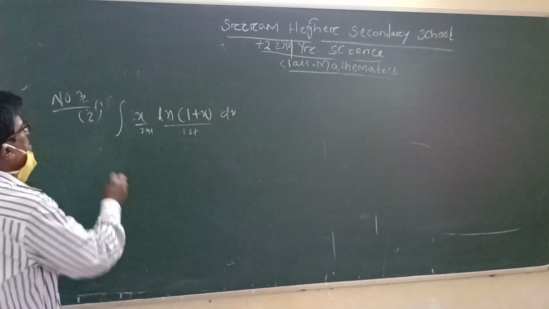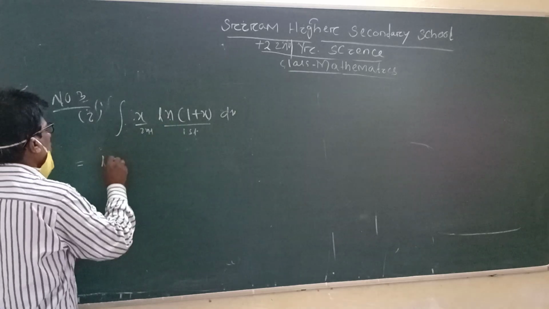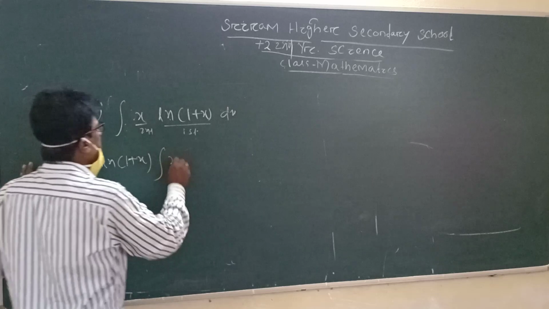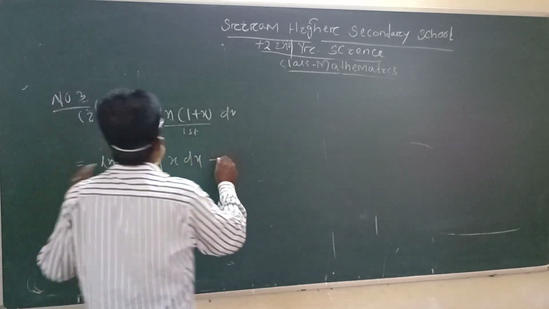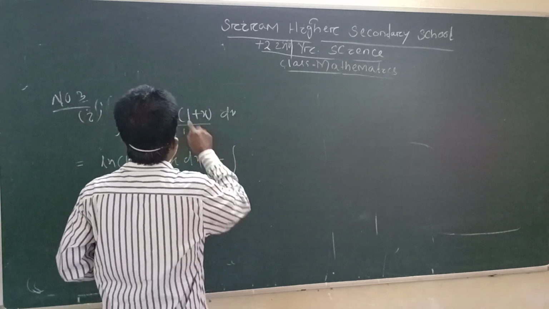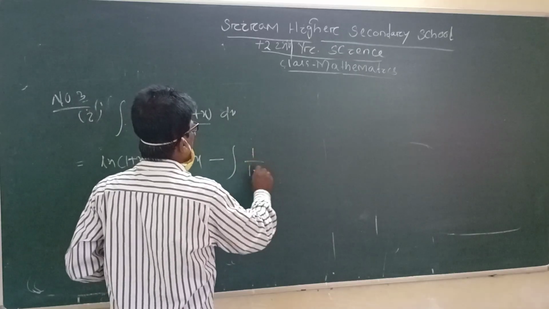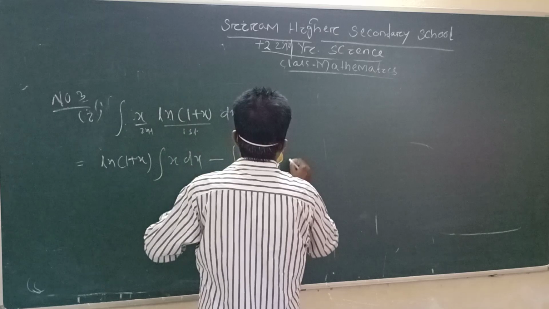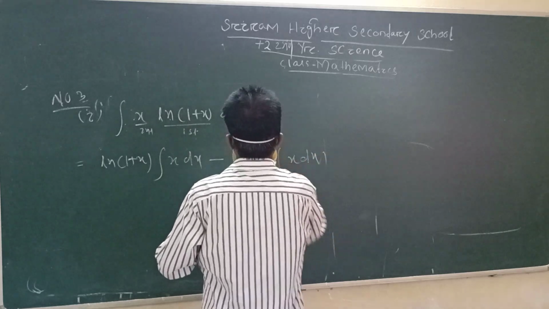When using integration by parts, the first function is a constant, ln 1 plus x is a constant, integration of the second function minus the derivative of the first function. The derivative of log 1 plus x is 1 by 1 plus x, integration of x dx whole dx.